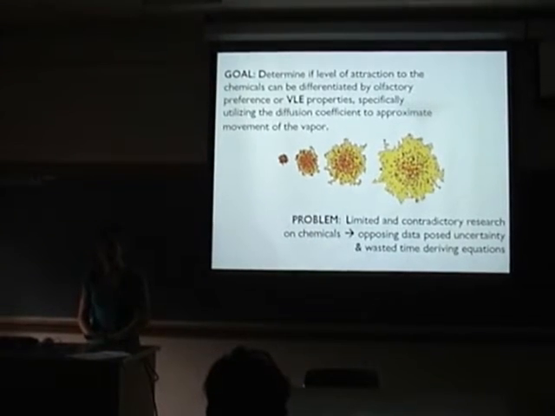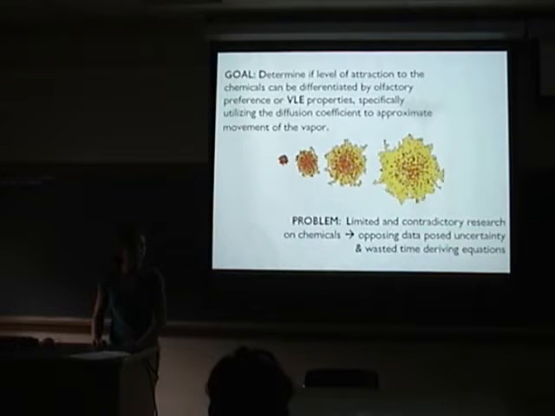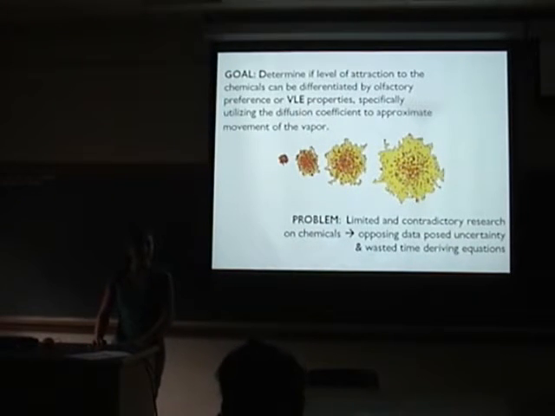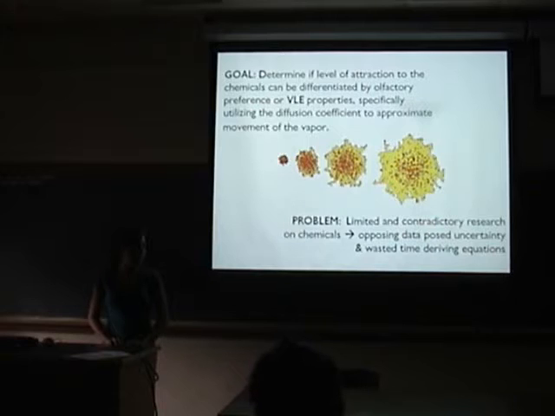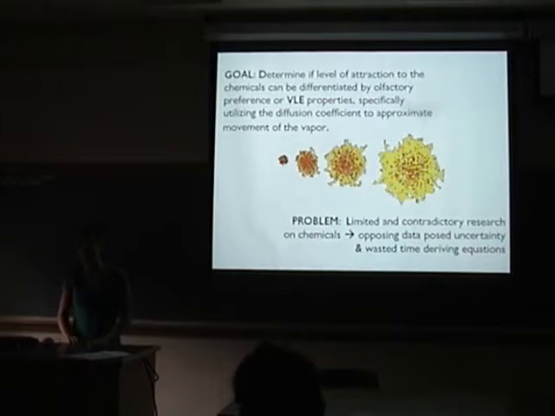The problem with my project has been that I found limited or contradictory research on these chemicals. They've not been very widely researched in terms of their thermodynamic properties, so I was finding different values for them that were opposing. I ran into this problem a lot, and I wasted a lot of time.